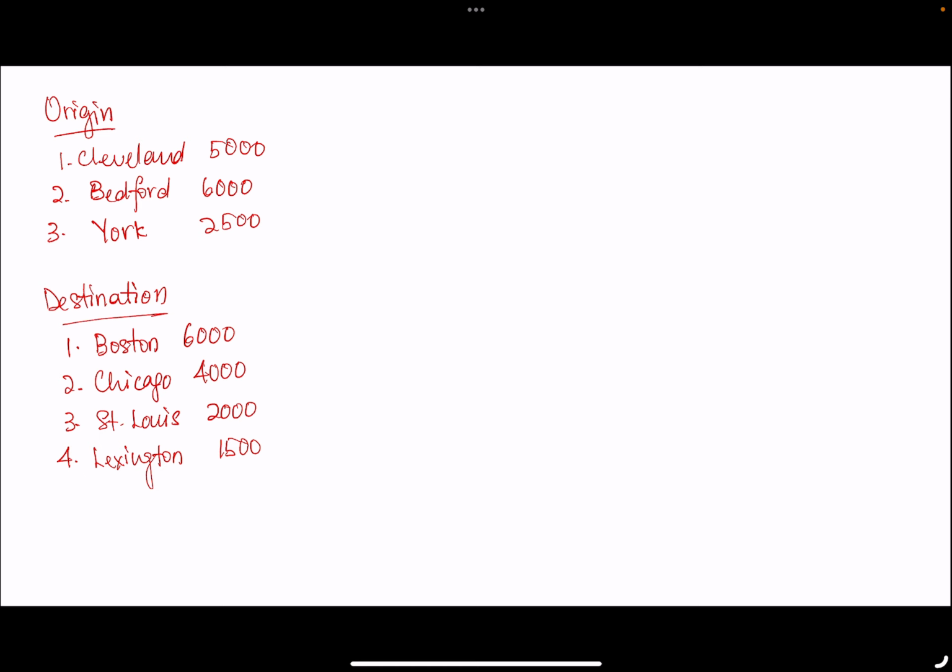Okay, so to draw this, we will have our plant or our origin on one side, and then our destination, our distribution center.